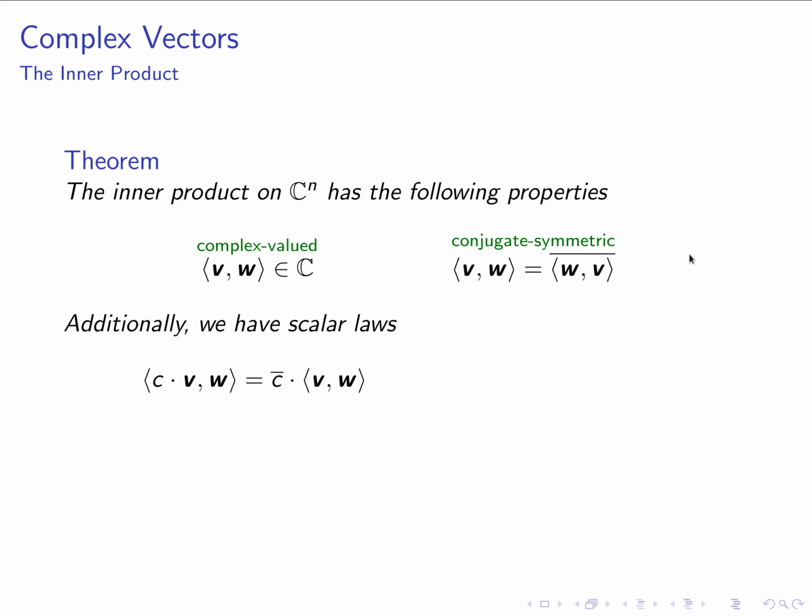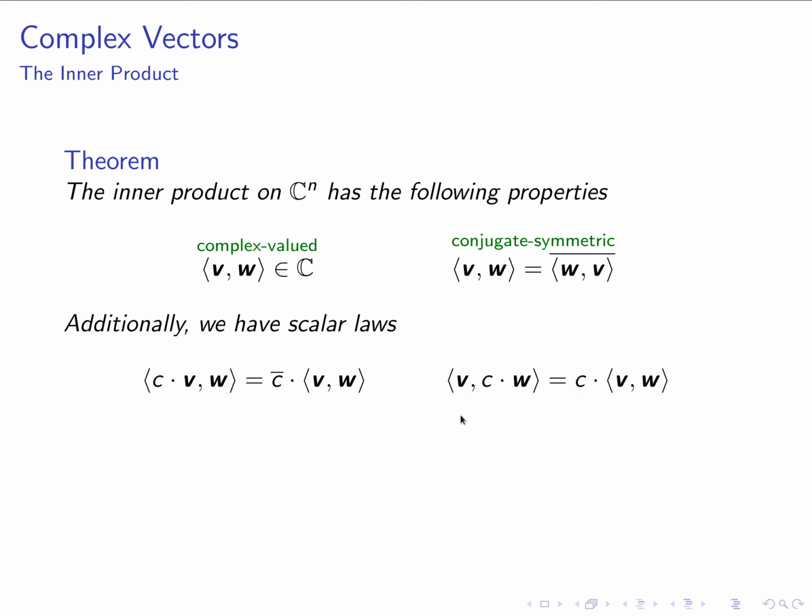There are also distributive and scalar laws. If we wanted to take the inner product of a scalar multiple c of a vector v with a vector w, we can factor out c from the left here, but since inner products are defined by first conjugating the first vector in the inner product, it's not c that factors out, it's its conjugate that factors out.